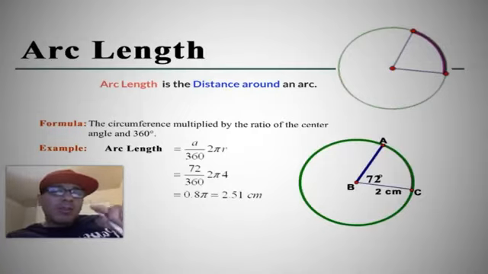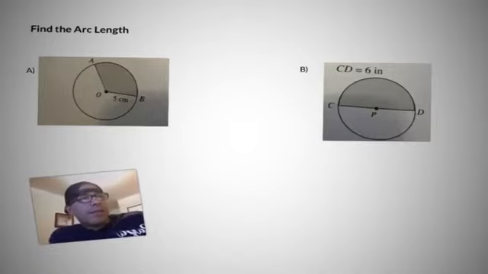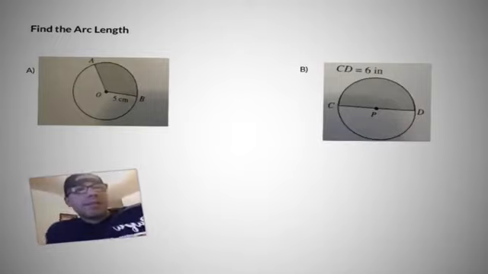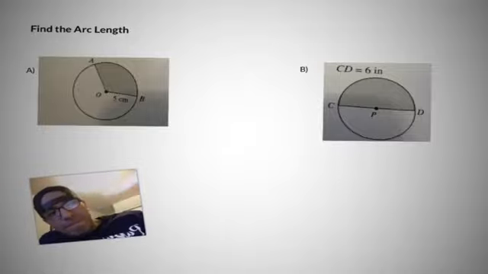I'm going to leave you with a practice problem of your own. Here are your practice problems. You're going to do A and B here, and find the arc length of each of these. Let's call this angle, oops, let me get a better pen. My Apple pen ran out of ink.